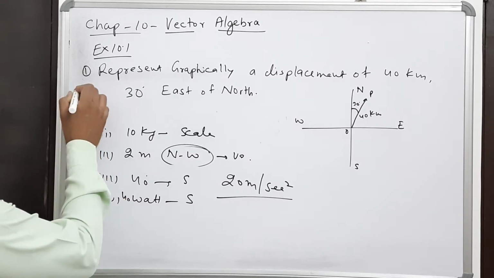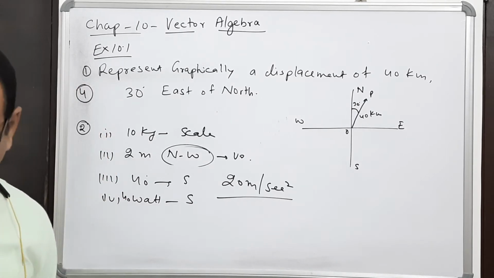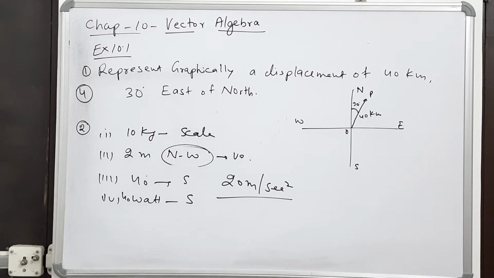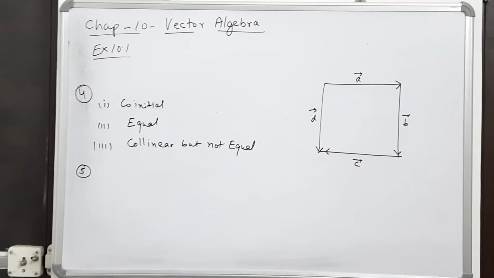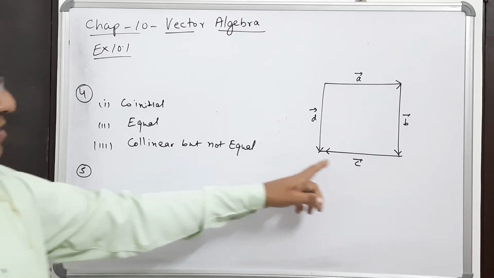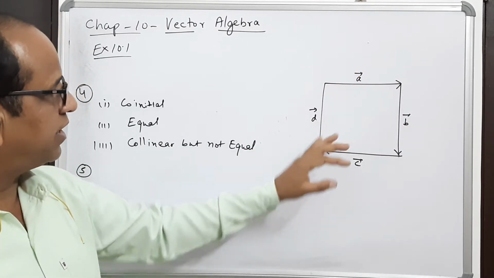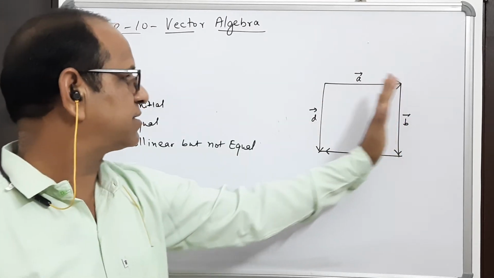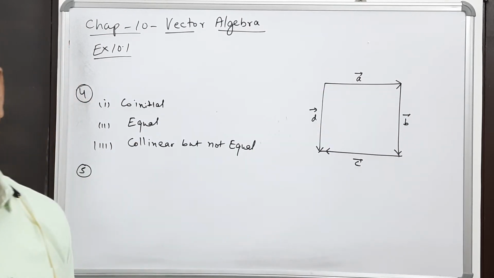Now you see the fourth problem. Now this is a square. In this square, this side is equal to this side is equal to this side, and all the angles are 90 degree.